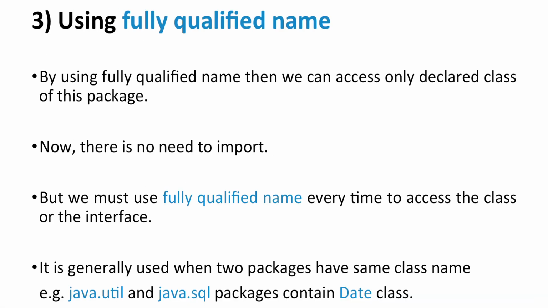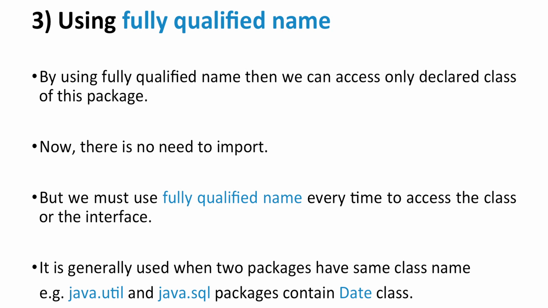Now using fully qualified name. By using fully qualified name, we can access only declared classes of that package. Now there is no need to import. Like we have previously also discussed, there is no need to use import statement or import keyword if we are providing fully qualified name.